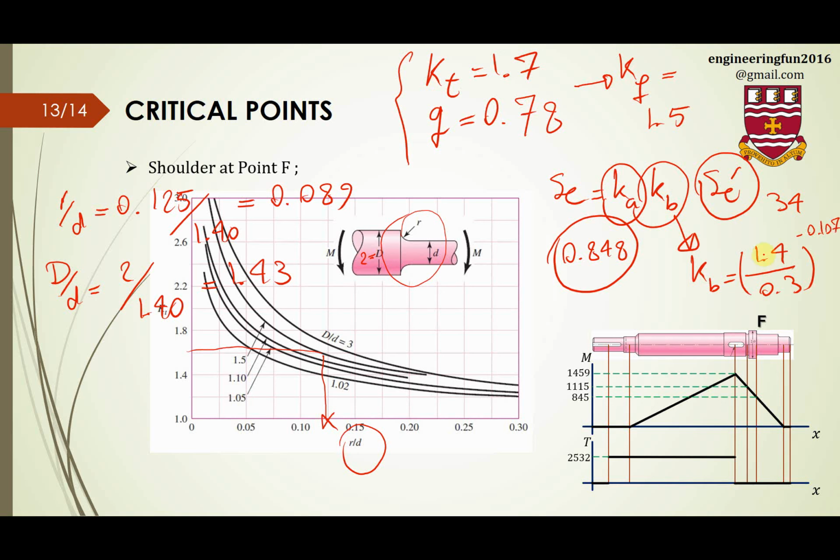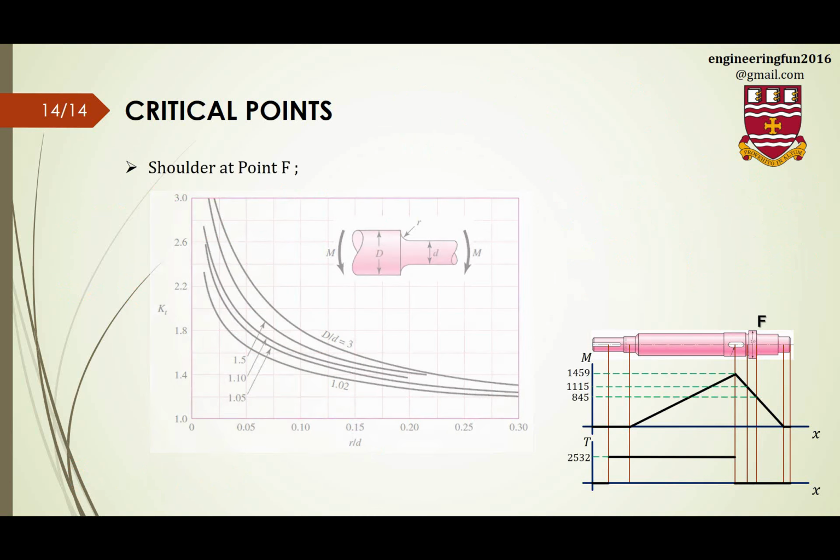So in each step, the denominator, which is the diameter, is different because at each step we are analyzing different parts. So we're going to find different Kb. Ka is the same. Se prime is 34, so we're going to find Se at the end of the day, which is 25.5 kpsi.